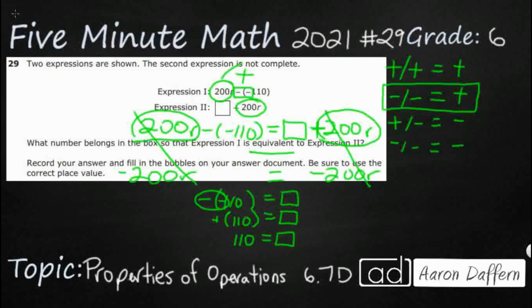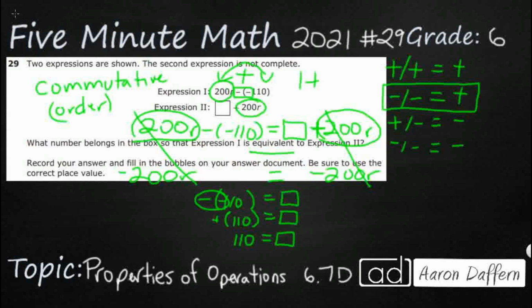Now you notice we flipped the order, right? So this is a property of operations called the commutative property. And this commutative property is the order property. It means as long as you're either adding or multiplying, you can reverse the order and it's not going to make any difference, right?